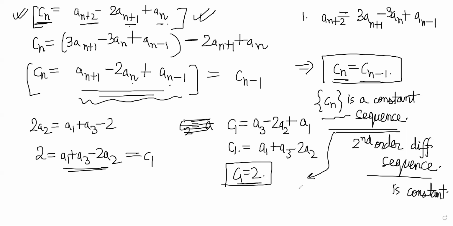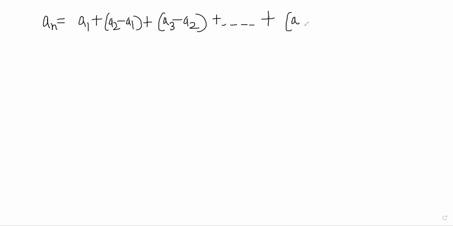Great. So that means Bn has common difference equal to 2, right? We know that now, because the constant sequence Cn is 2, 2, 2, 2, 2, right? So the Bn, the first order difference sequence, is an AP of common difference 2. Now we do the same process as we have done several times before. An is a1 plus a2 minus a1 plus a3 minus a2, and so on till an minus a n minus 1, right?